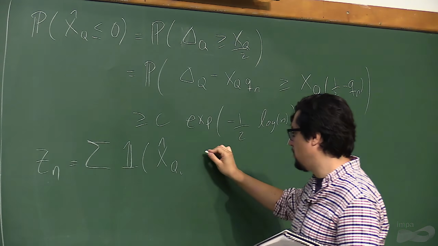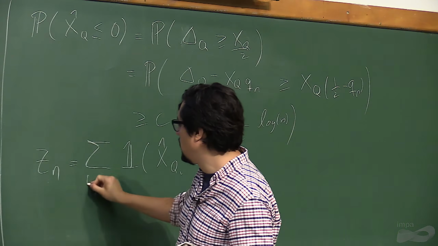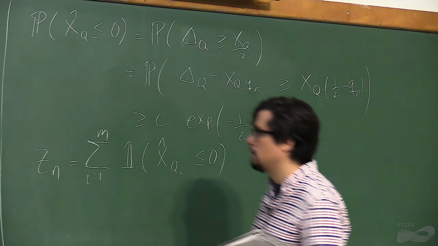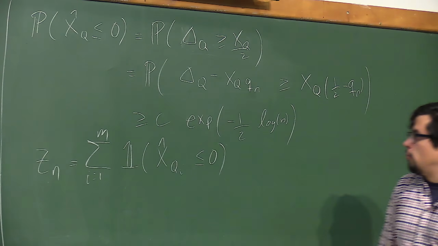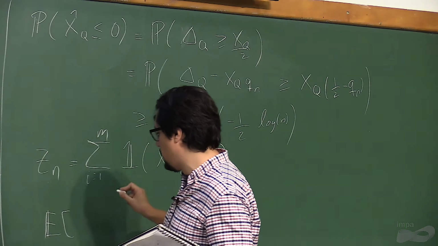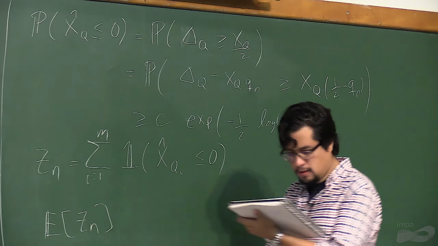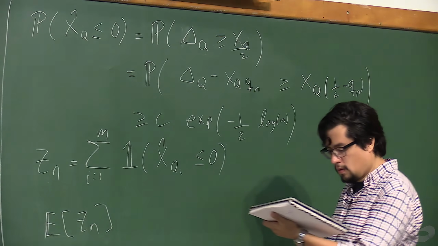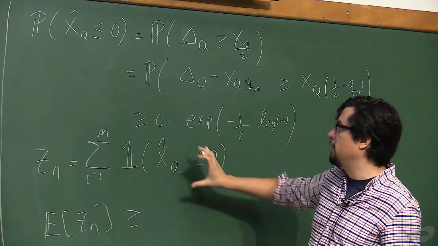So this is the event in which we count x hat qi is less or equal than 0 for i equals 1 to n, right? We can lower bound the expectation of this quantity by using this inequality. I mean, these are just indicator functions.